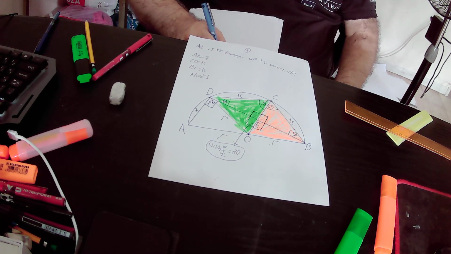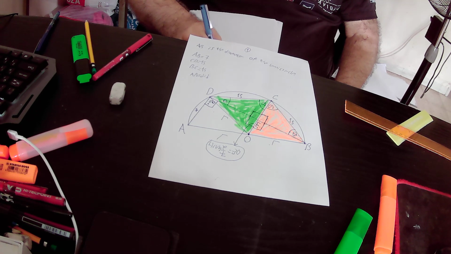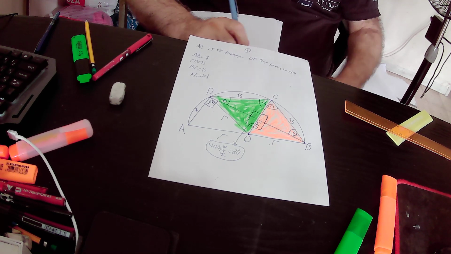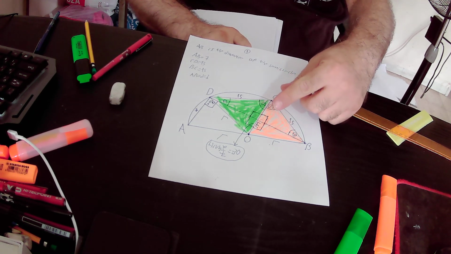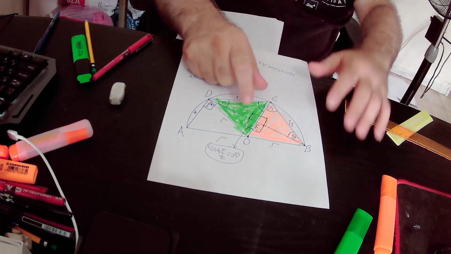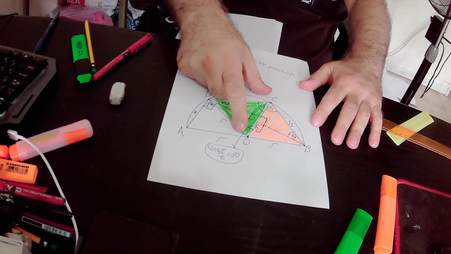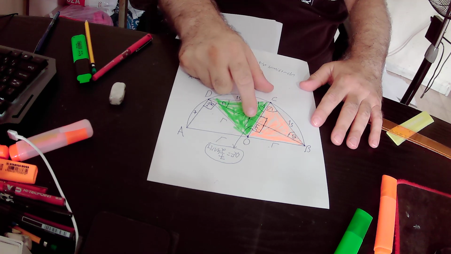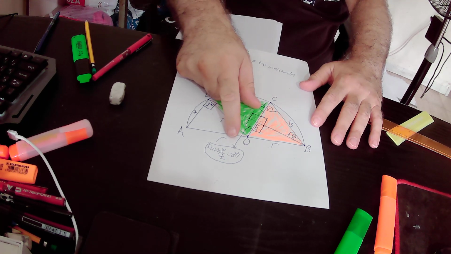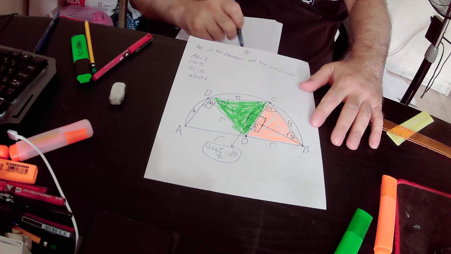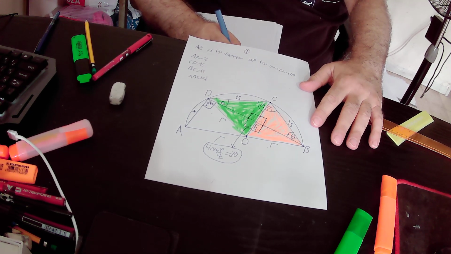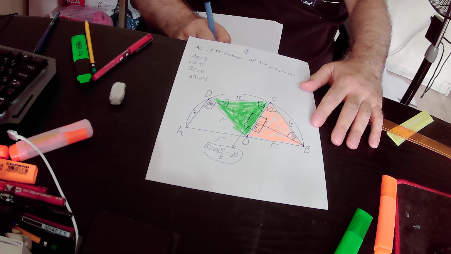And what is the value of EC? EC equals OC minus OE.